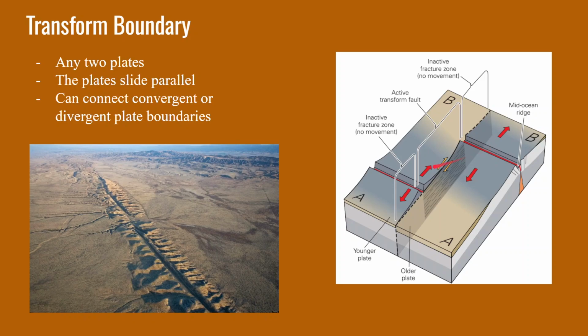This happens in the form of a transform boundary where the two plates slide by each other without necessarily diverging or converging with each other. A good example of this is this picture on the left here, which is the San Andreas Fault in California, which is between the Pacific Plate and the North American.